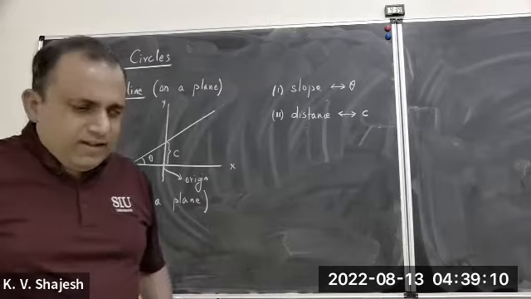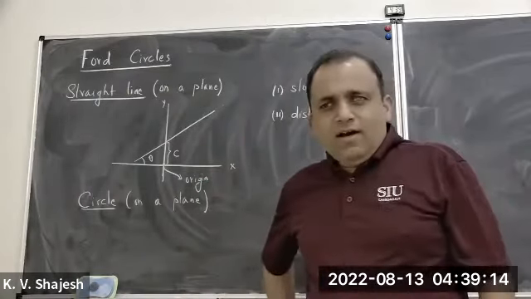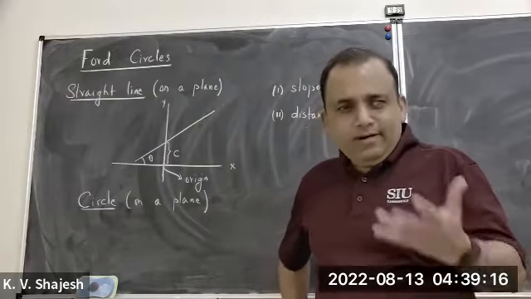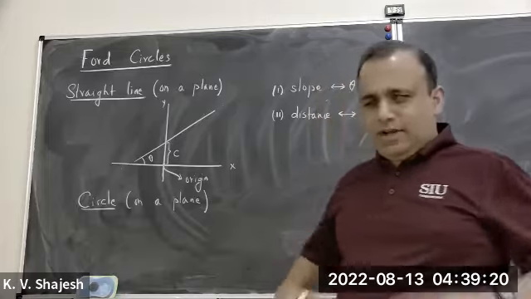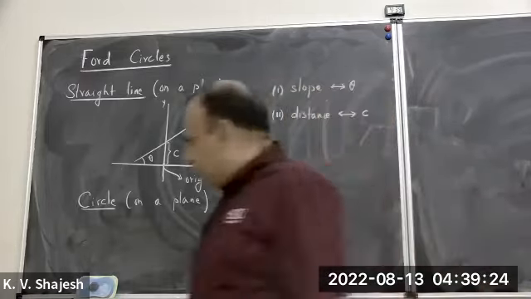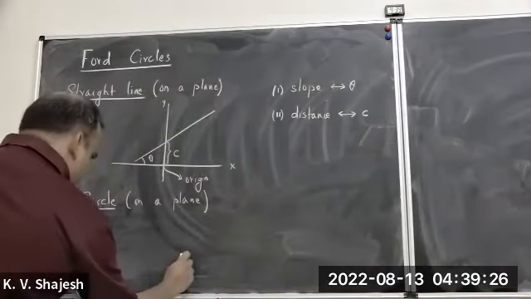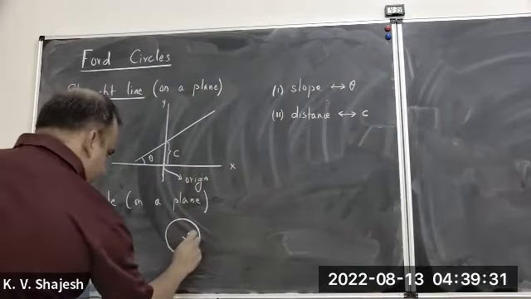If you want to tell a friend, I have a, let's say, bangle, if you want to describe your bangle to a friend, then you will say, oh, how wide it is, right? And the technical name for that is radius. So you want to say this is your circle, and circle is described by the radius r.